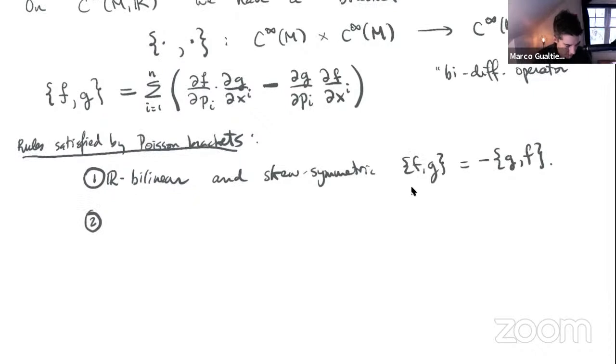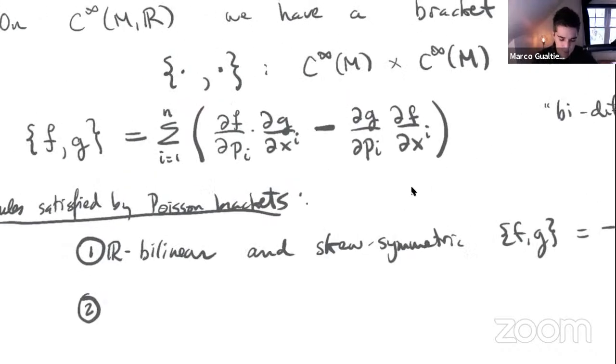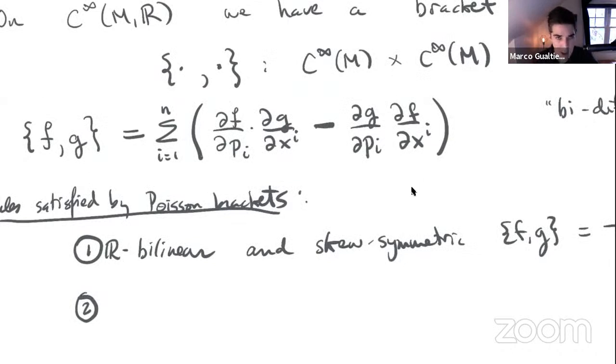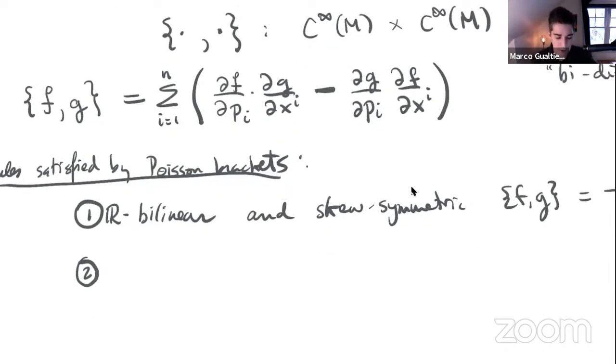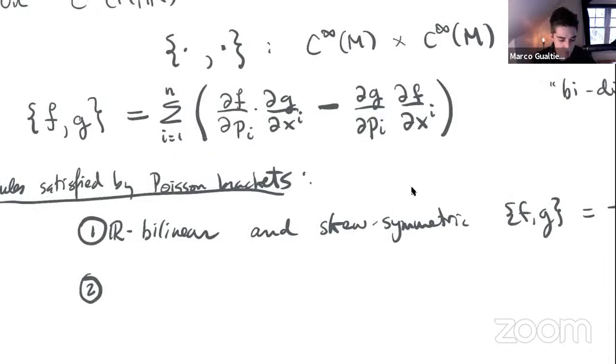The second thing, and this is a key point which is going to come across multiple times: if you fix f and think of f as being fixed, and you've chosen g, then how does this thing act on g? It basically differentiates it with respect to the x_i's and the p_i's. You could imagine that these derivatives of f are fixed functions.